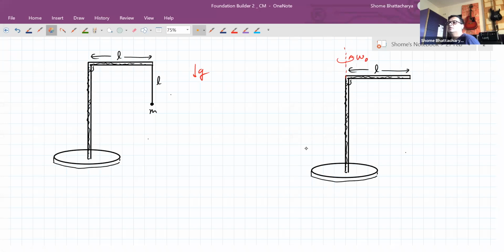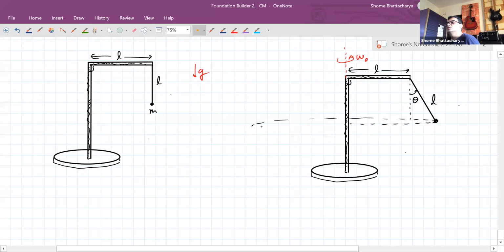And as a result of that rotation, we observe the thread is like this. It is at an angle of theta with respect to the vertical. The particle is therefore describing a circular path like this.